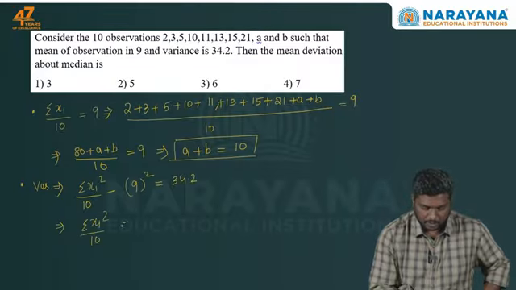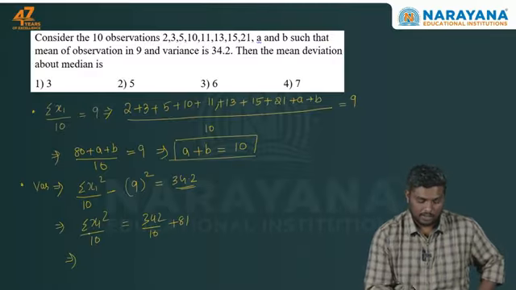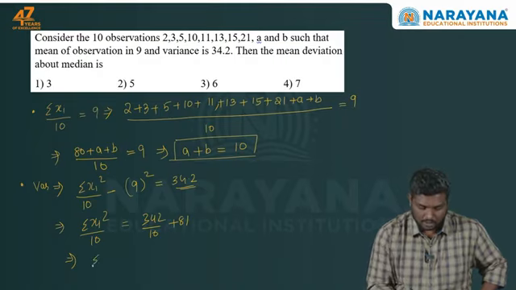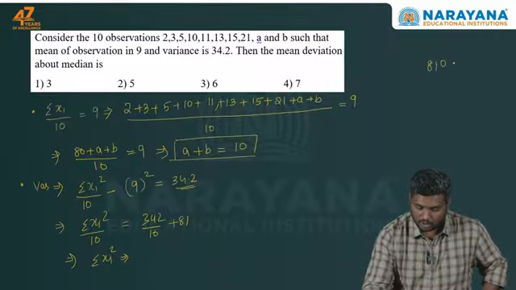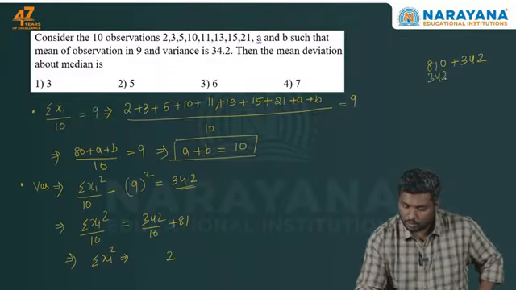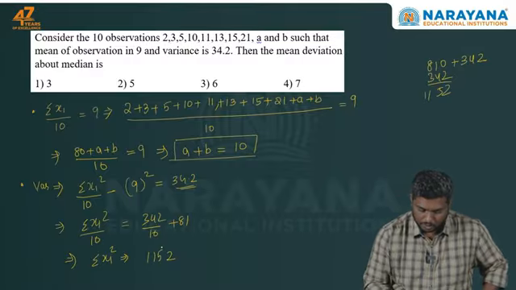Sigma xi square by 10 is equal to 342 by 10 plus 81, and upon simplifying, sigma xi square is equal to 1152.